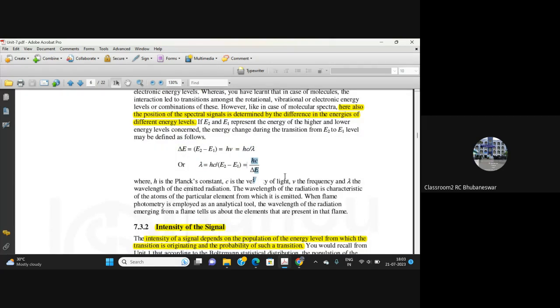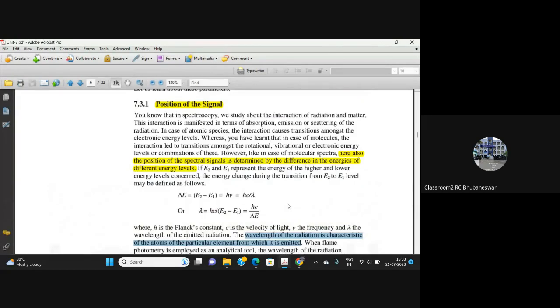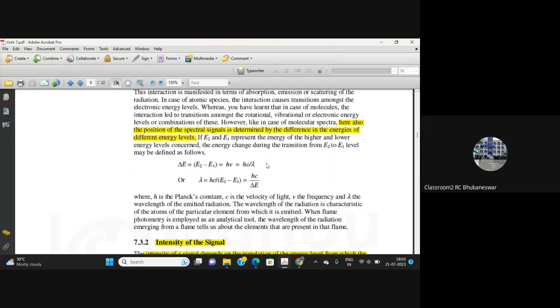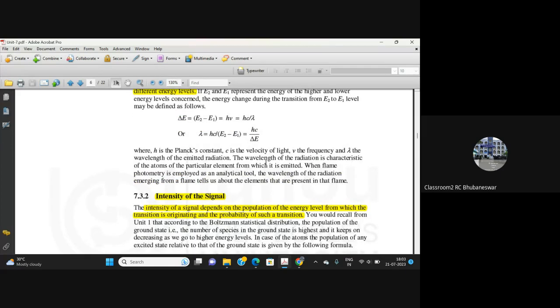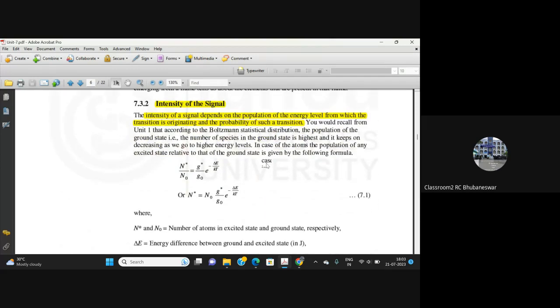This wavelength of radiation is characteristic of the atoms of the particular element from which it is getting emitted. So wavelength tells you about the position of the spectral peak. These are the characteristics of signals we are talking about. So the position of the signal you can predict from the lambda or lambda max.